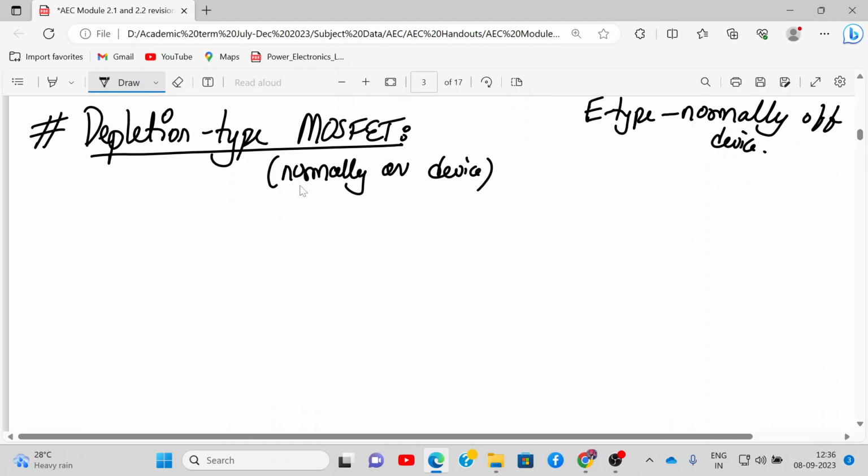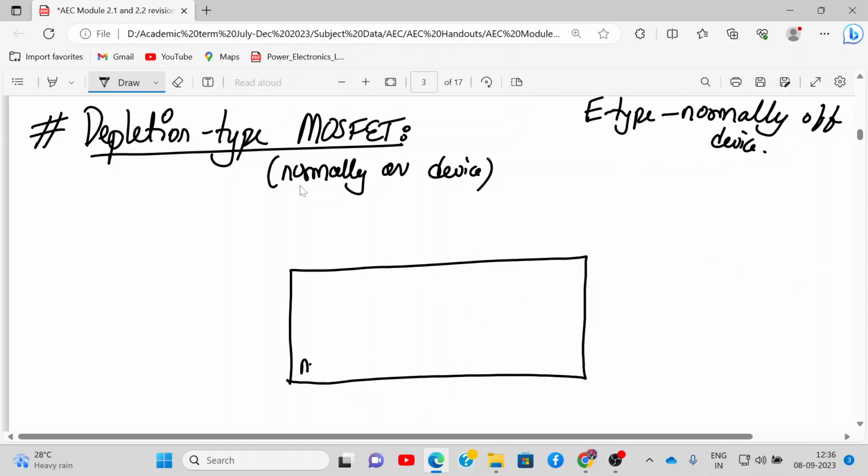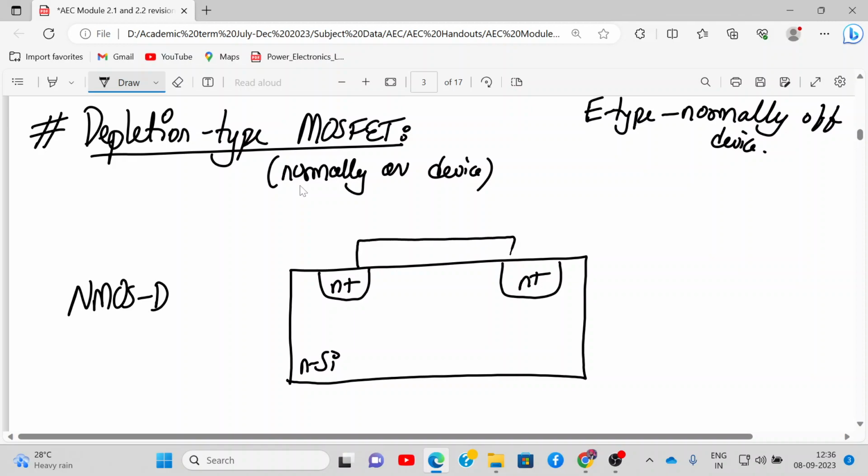Alright, and its construction is almost the same. Let's say we are discussing NMOS D type. We have N plus source and drain, then the gate oxide layer, then the gate. This is oxide, this is the metal, and this is the gate terminal, this is the drain terminal, this is the source terminal.